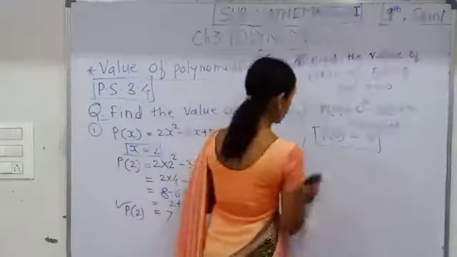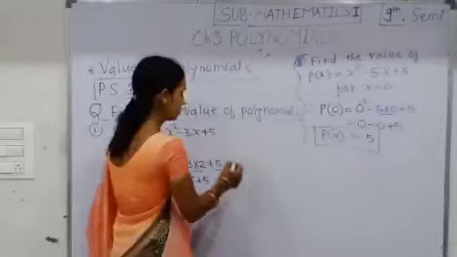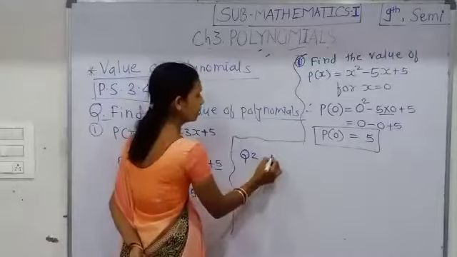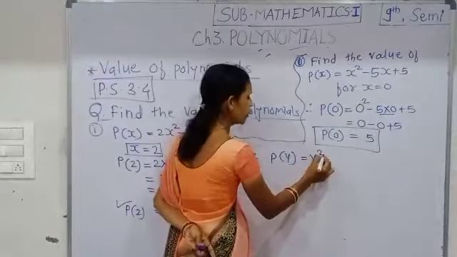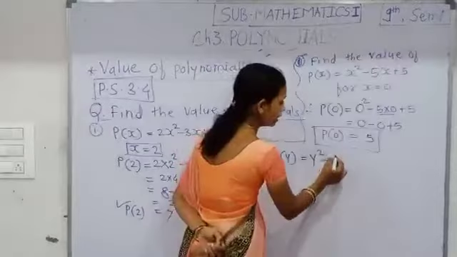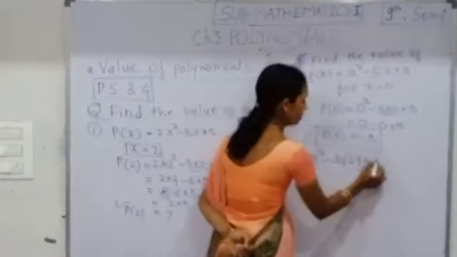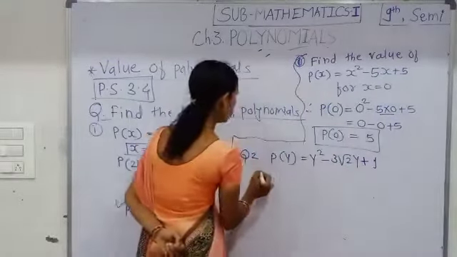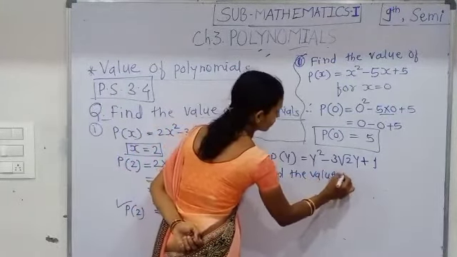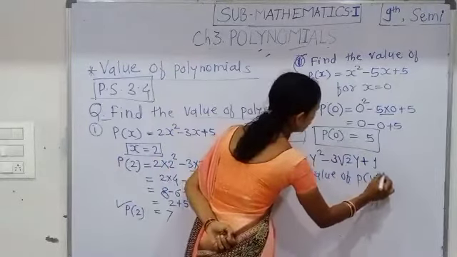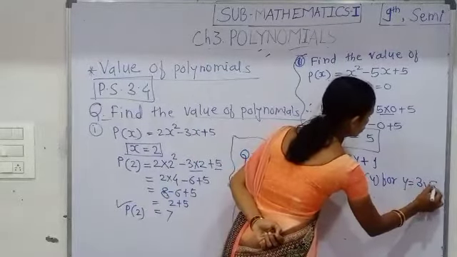Then one more example which is given here, question number 2, p(y) is a polynomial which is given here, y square minus 3 root 2 y plus 1. And here we have to find the value of the polynomial p(y) for y equal to 3 root 2.